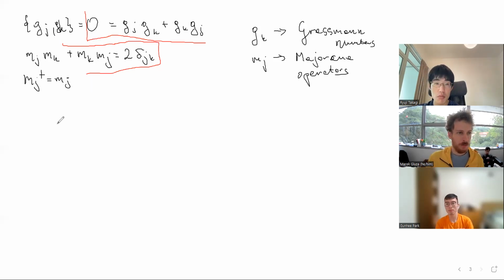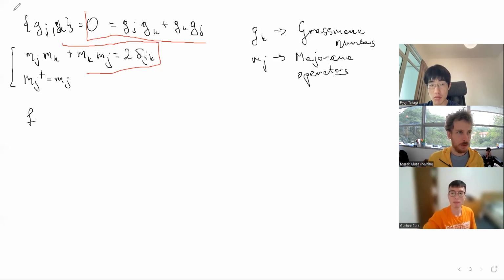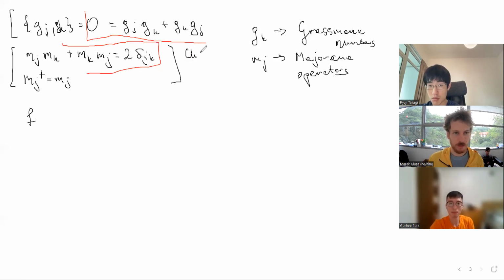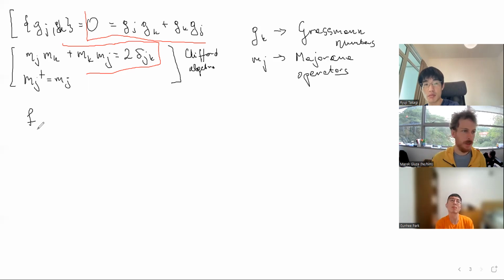Those relations are called Grassmann relations. Those relations are sometimes called Clifford algebra. So sometimes people say Clifford for that as well.